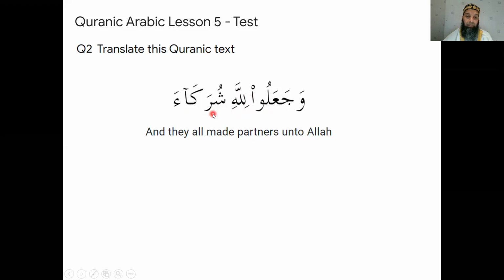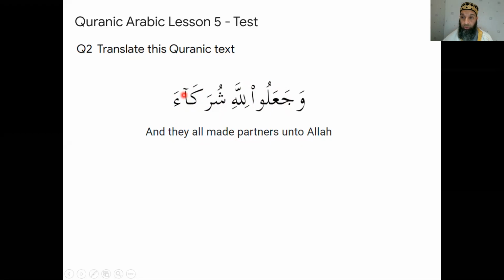shuraka'a. Shuraka'a means partners were made. Look, it's mansoob. So they were the ones that were made. They made, with Allah, partners. The partners were the things being made. It's mansoob. Shuraka is basically shirk. You know shirk?